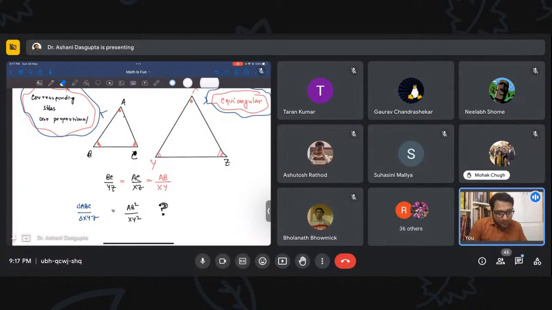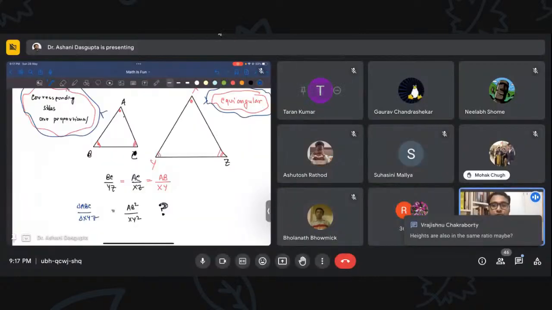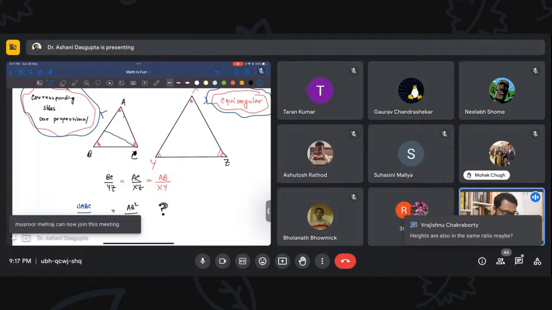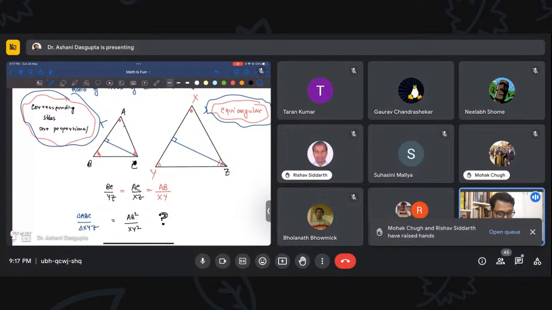If you drop a perpendicular, because if you have to compute the area of a triangle, then you better drop a perpendicular. So you drop perpendiculars from C and Z. Let's call those T and Q. What is the area of triangle ABC?